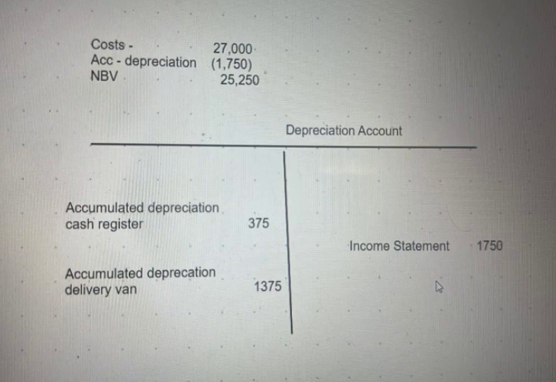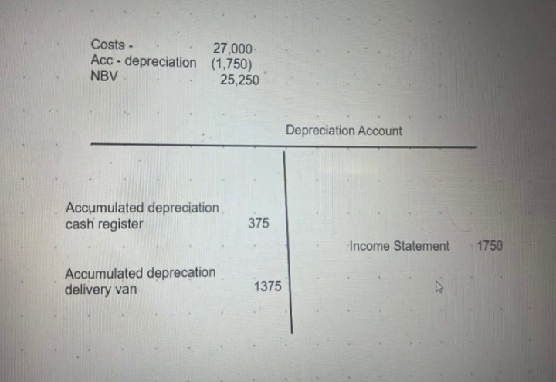I get 25,250, and that's the value at which the asset will be shown in your balance sheet, 25,250.